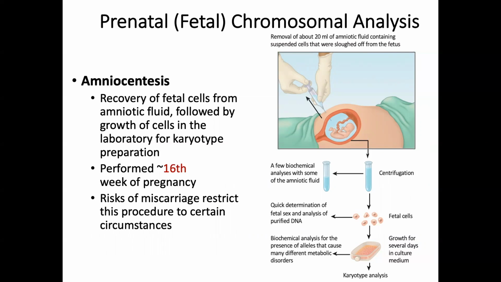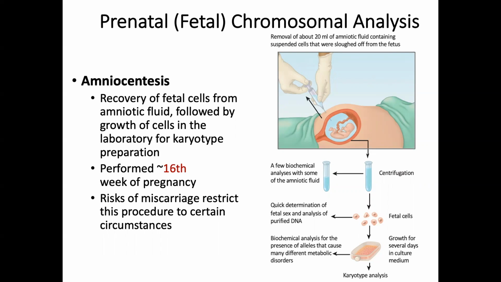This is called amniocentesis. This is a procedure in which the amniotic fluid is removed from the uterus for testing. In amniocentesis, a needle is inserted through the walls of the abdomen and the uterus to collect a sample of amniotic fluid.